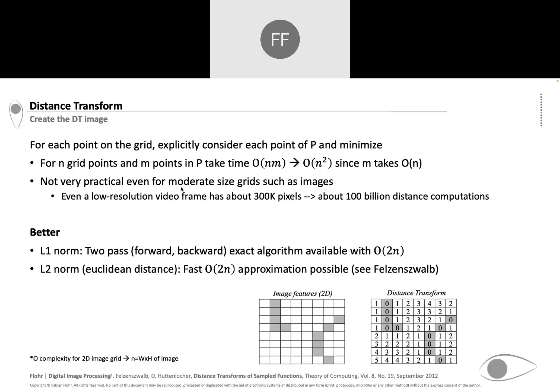So if you have a size of n square of the image, then you only need, I have to look it up again, for n grid points.